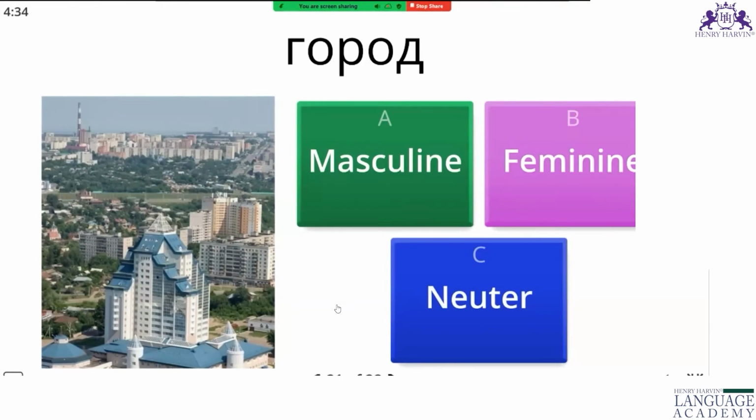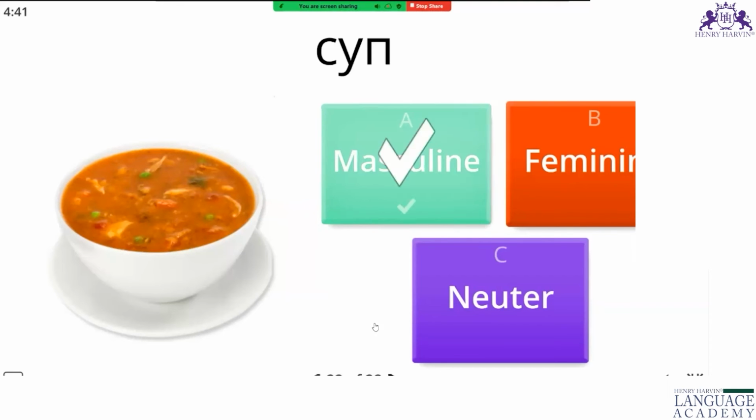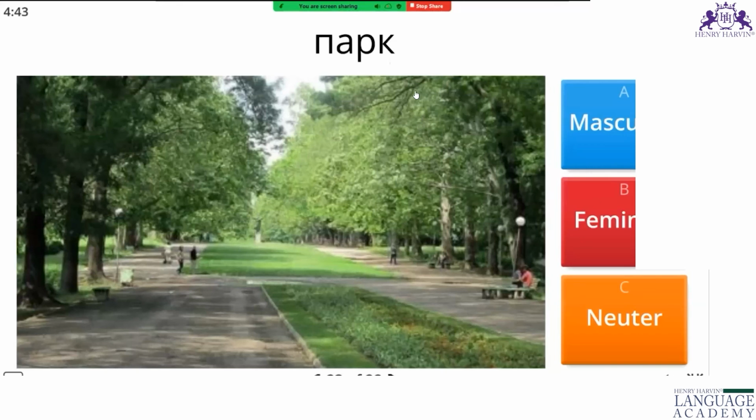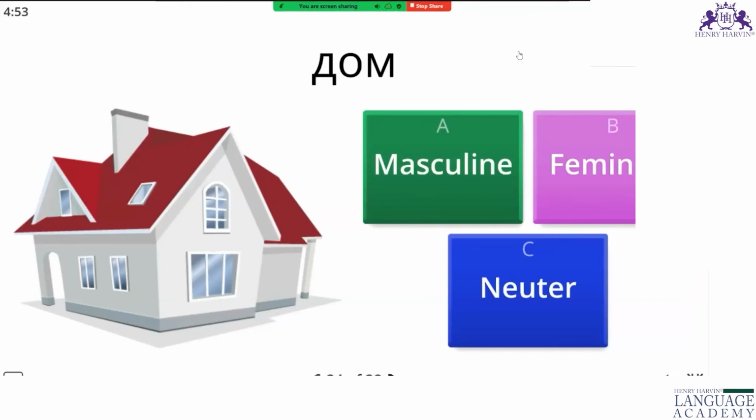Gorod, masculine. Sup, masculine. Vera. Park, masculine. So you can see most of the words are masculine.